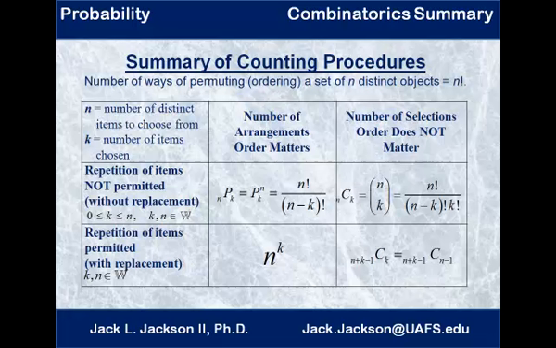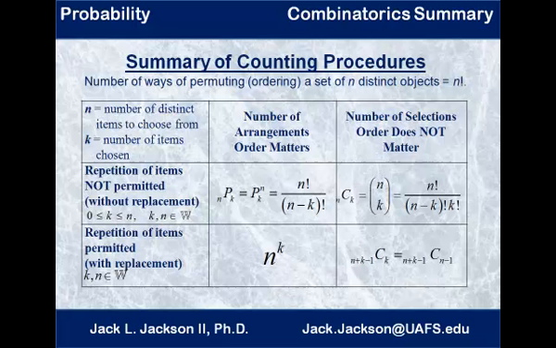So, look what we have here. The first one we did was this lower left. Repetition was permitted, but the order mattered. That was n to the k power. Then the next one we did was above that, upper left. That was the order matters and repetition not allowed. That was n permute k. And you'll see that there. That's n factorial over n minus k factorial.